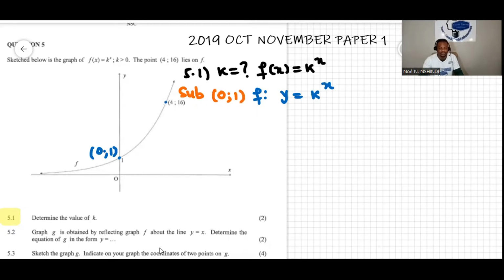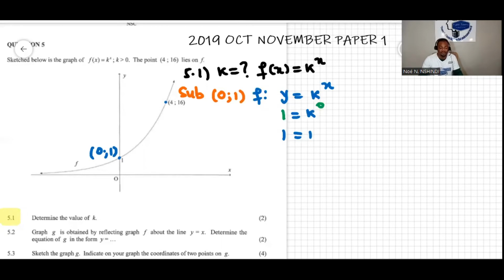And if I sub the point (0, 1), it means y will be 1, and x will be 0. And then k to the power of 0 will be 1. So we have an equality here, 1 equals 1. It didn't solve the value of k.